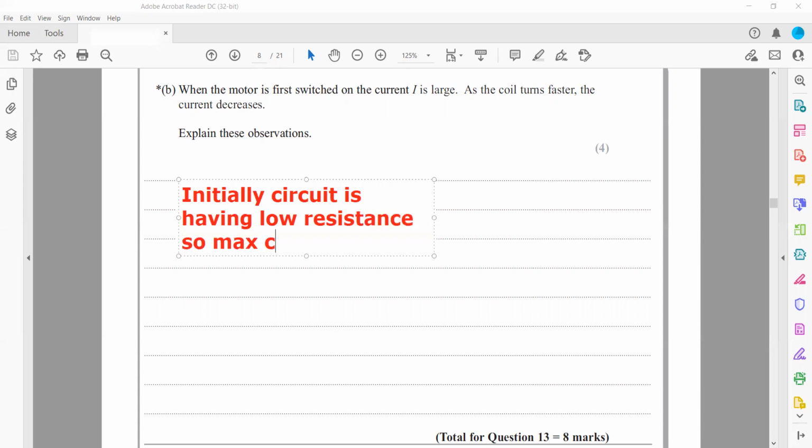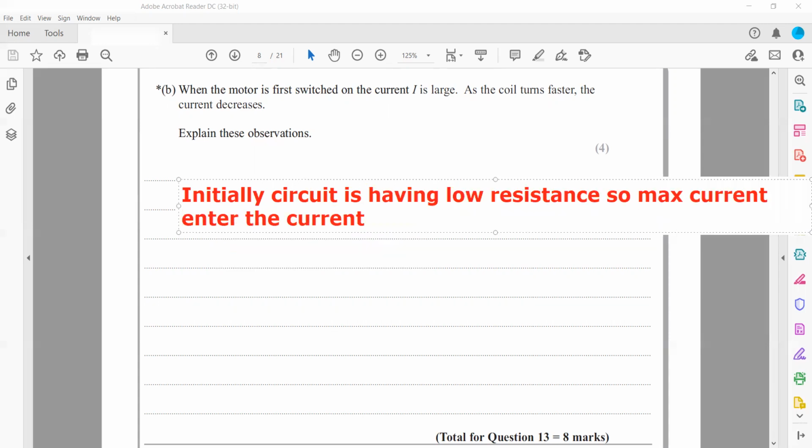So maximum current enters the circuit. But what happens as the coil or the motor is rotating?